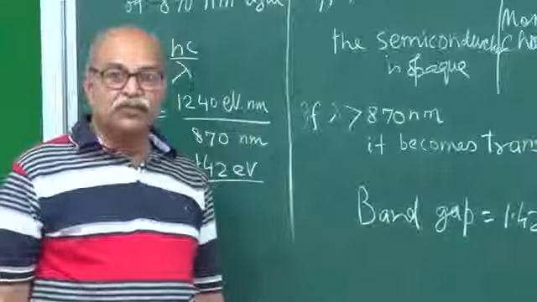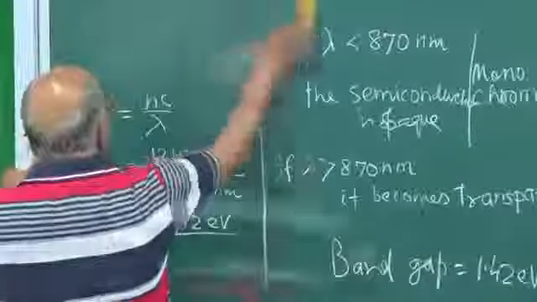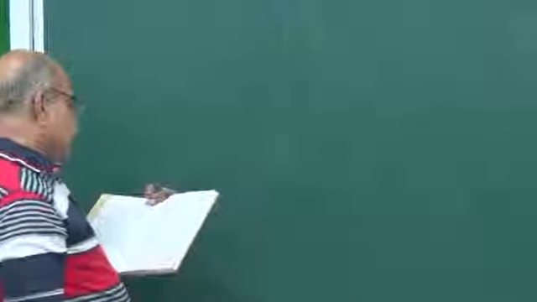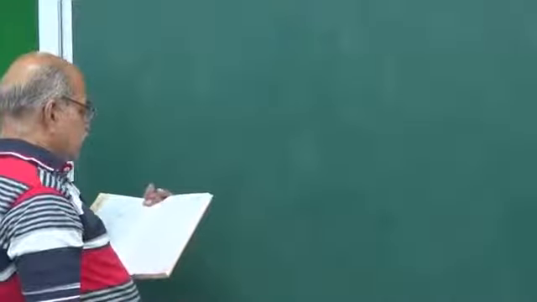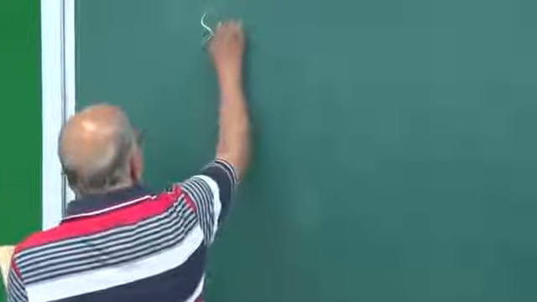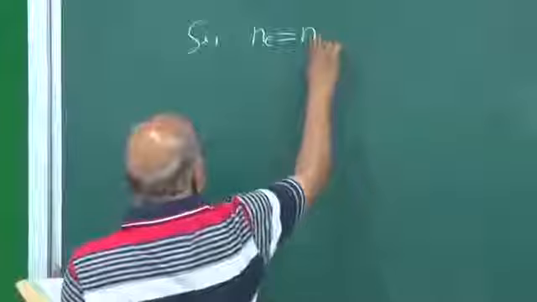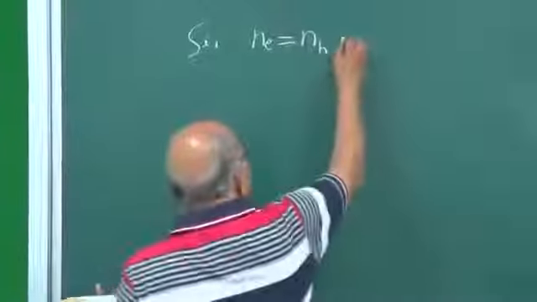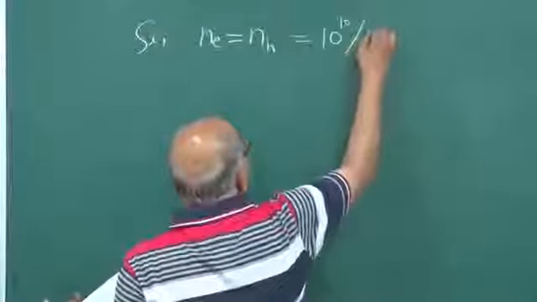Okay, so let's go to the second question. Now this question says that for silicon, the intrinsic carrier concentration is Ni equal to 10 power 10 per centimeter cube. So in silicon, this Ne, which is equal to Nh when it is intrinsic, is equal to 10 to the power 10 per centimeter cube.